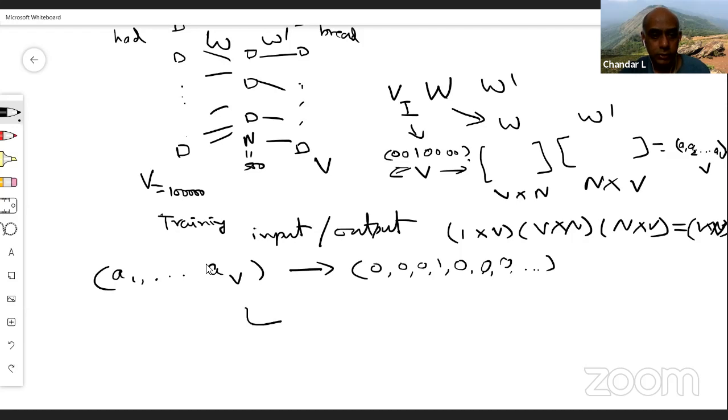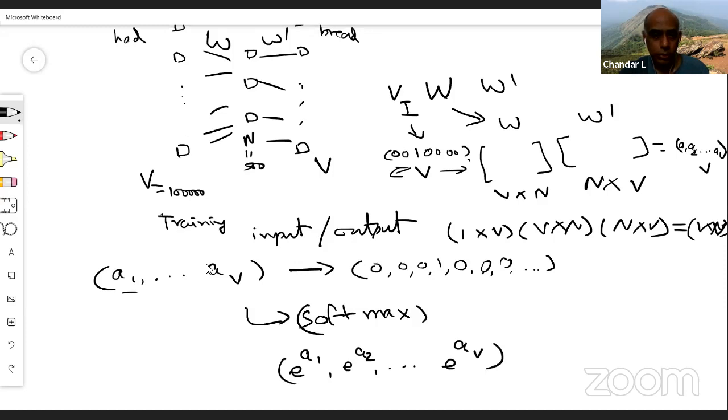This is done through the Softmax function. These are all values which could have been double values, positive or negative. The Softmax function converts these to probabilities. For each value, you do e power a1, e power a2, and so on up to e to the power of aV.